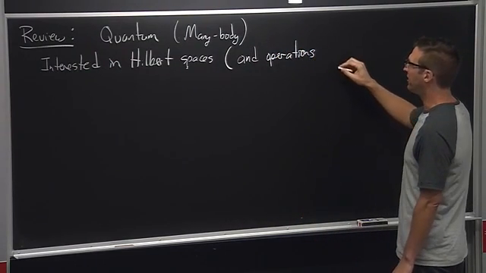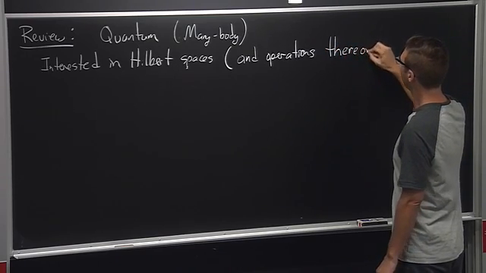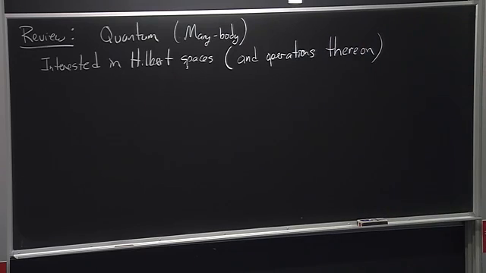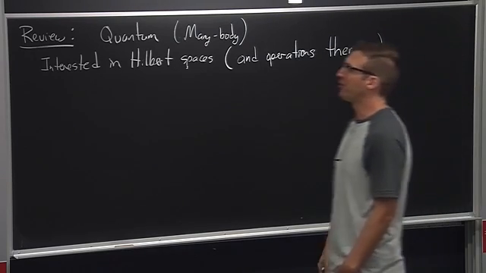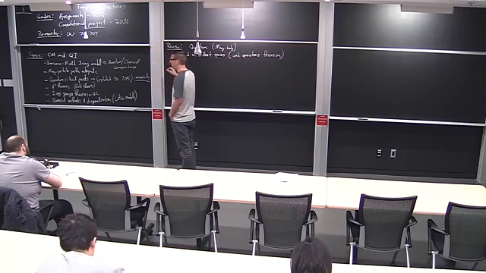Hilbert spaces and operations thereon. I don't know if that's a word. It is now. And the whole challenge of quantum many-body physics is the size of this Hilbert space, of course.